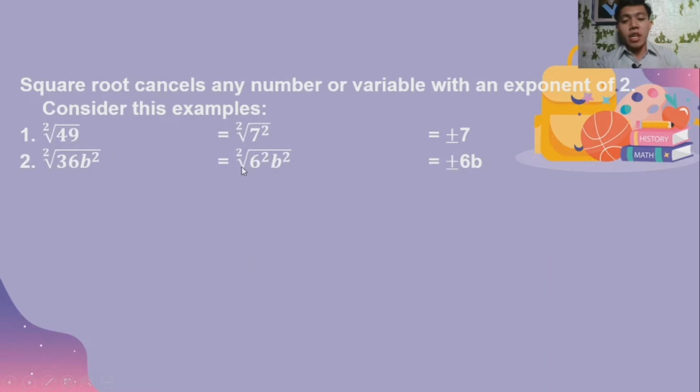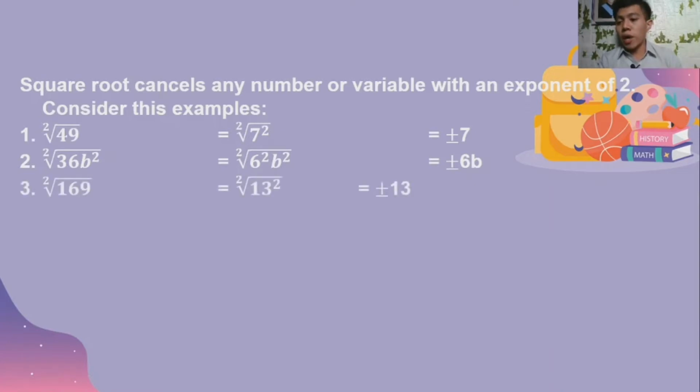So we replace 36 with 6 squared, making it square root of 6 squared b squared. Square root cancels any number or variable with an exponent of 2, so the exponents are cancelled. What remains is 6b. So the answer here is positive negative 6b.